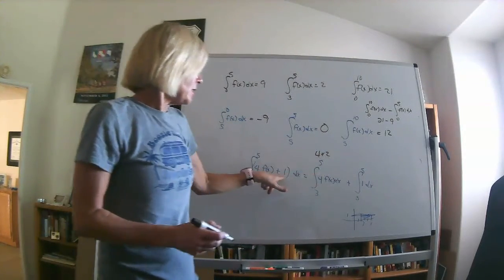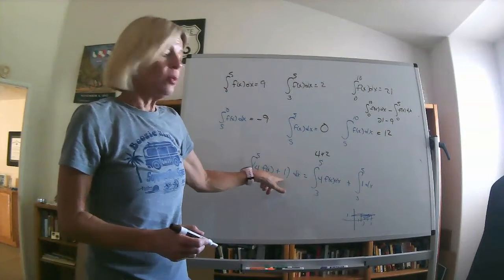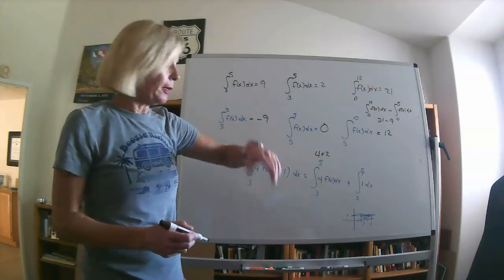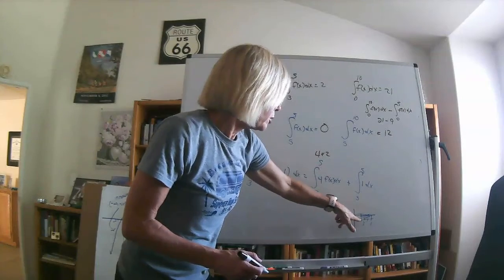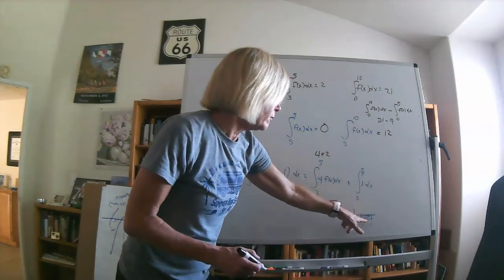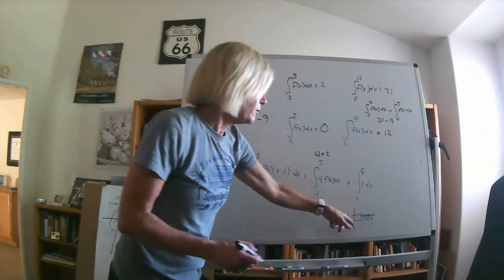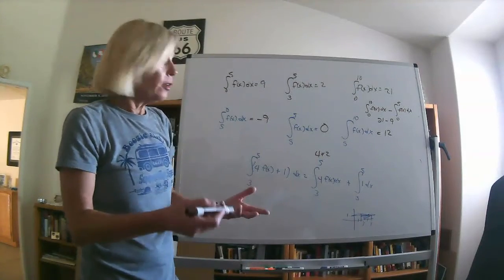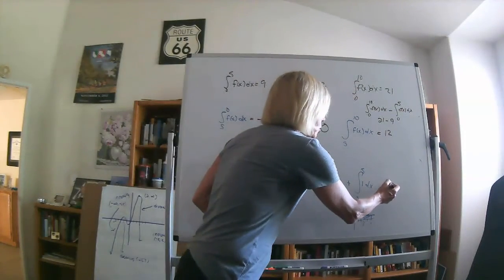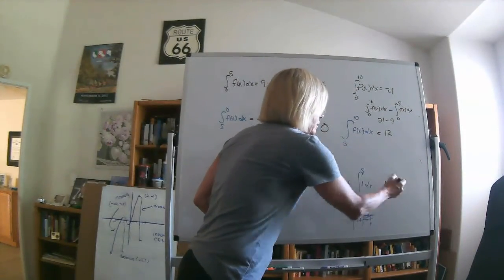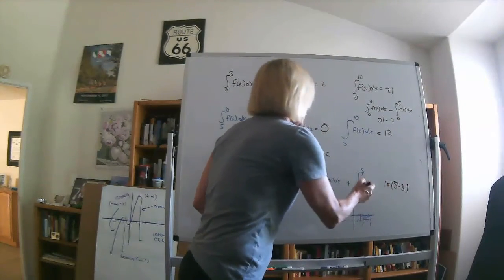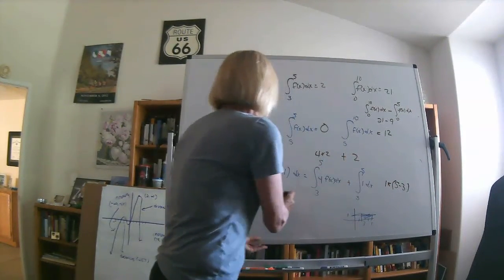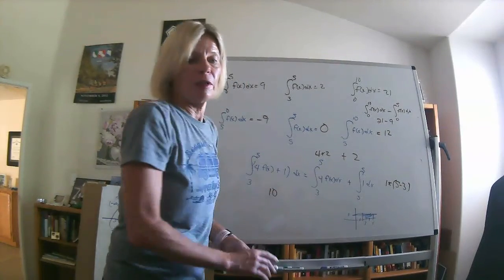If I look at the second part of the integral, plus 1, the graph of y equals 1 is a horizontal line. And if I look between 3 and 5, that gives me a rectangle of area 2. Another way I could think of this is 1 times the difference, 5 minus 3. So this is 2, so 8 plus 2, the final answer here is 10.